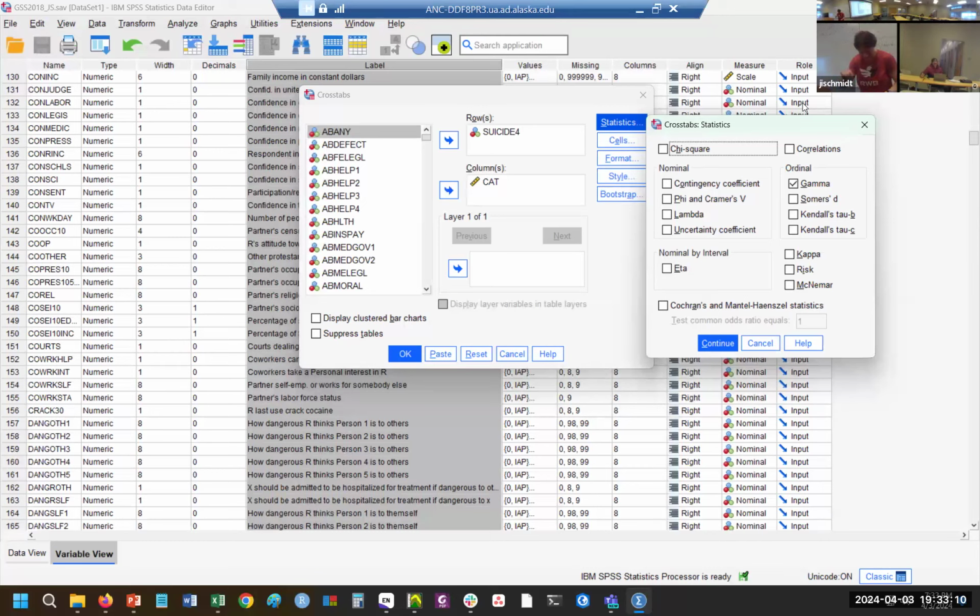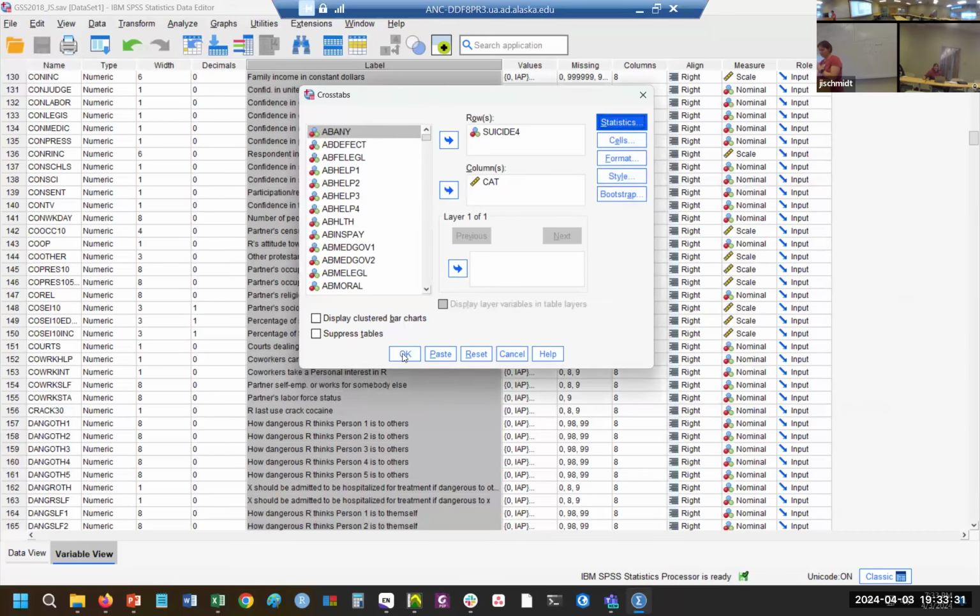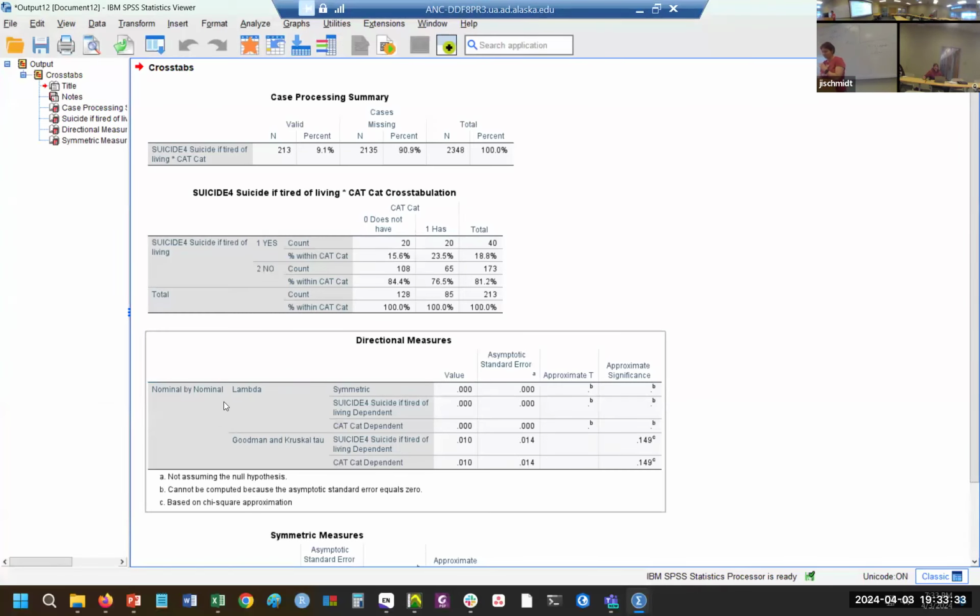All right, and have you thought of suicide? Is that nominal or ordinal? That's nominal. So we're dealing with two nominal variables here. So which one do we use? Lambda. I would say lambda. I didn't look to see if the data was highly skewed, but let's say lambda.